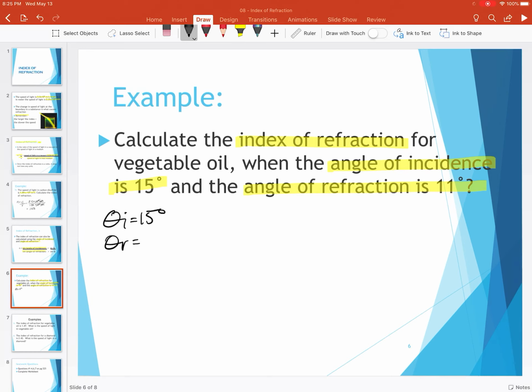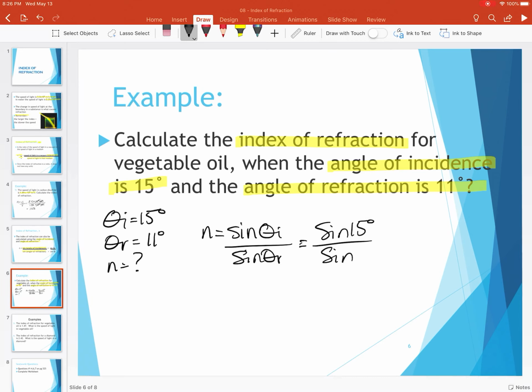Our angle of refraction is that 11 degrees, and obviously N, or the index, is what we're solving for. So N is going to be sine angle of incidence divided by sine angle of refraction. So if we plug in our numbers here, our incident was 15 degrees, and our refracted angle was 11 degrees.